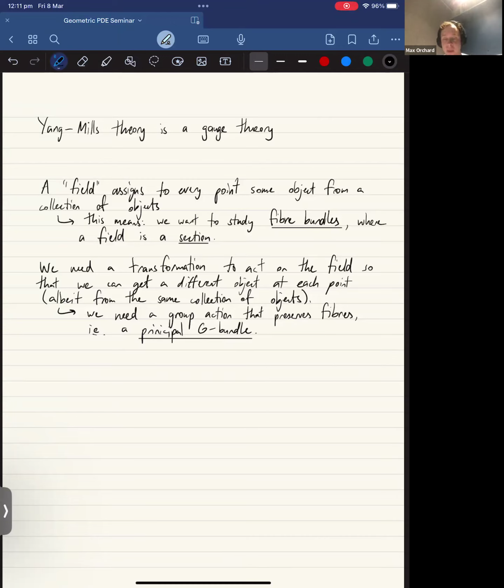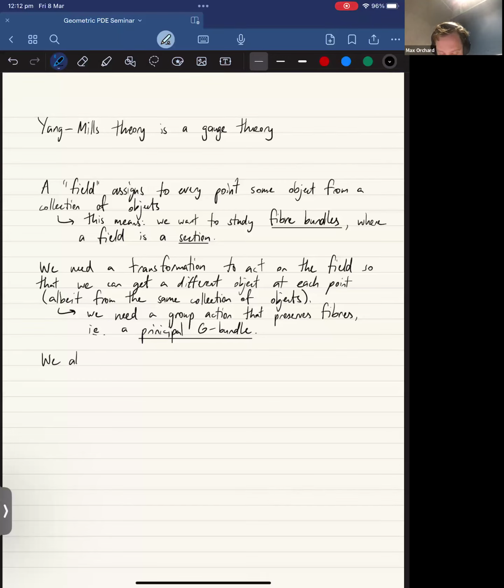And finally, we're also going to be talking about the dynamics of the system. So we somehow need a way to move from some point to another point, and in a sense, look at the difference in the thing that we're assigning as the field. So the way that we do this is with something called a connection.